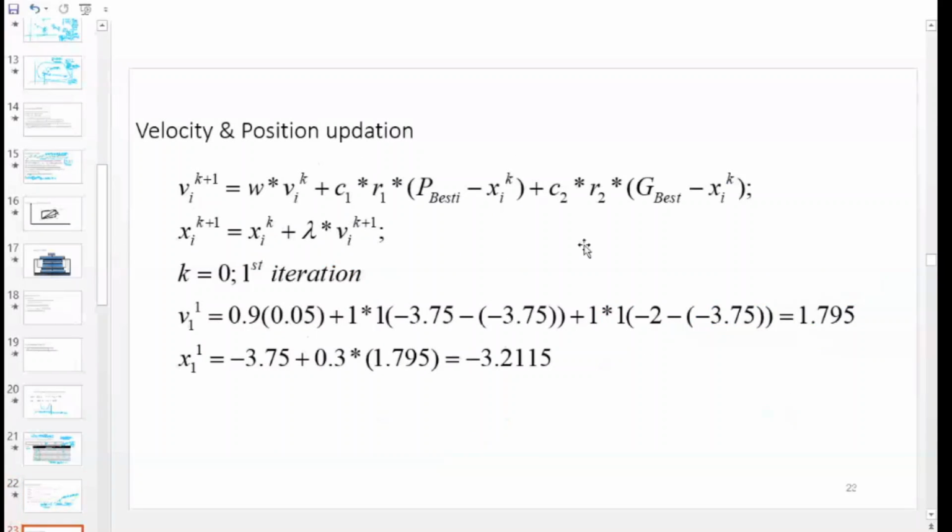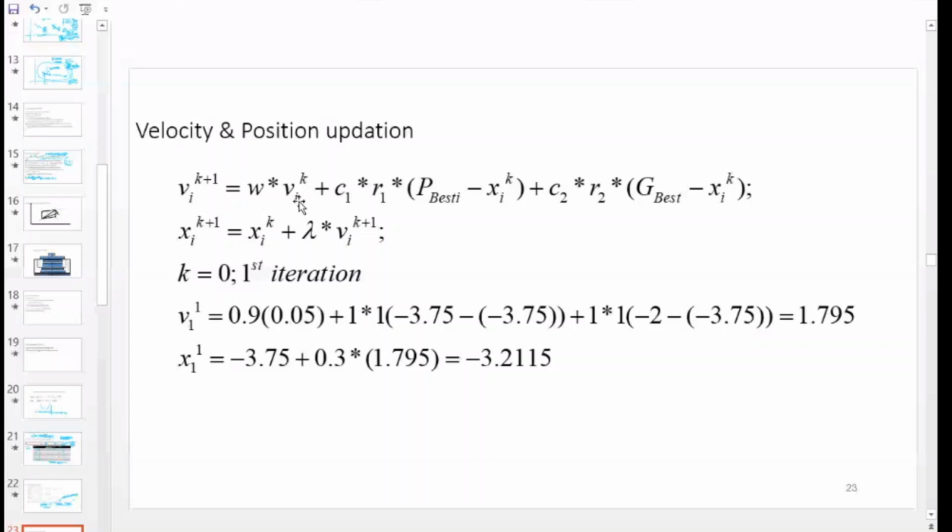Okay. Now using equation 3 and 4, right? So k is 0. So vi, it means v1, it means first particle. K is 0. So 0 plus 1, 1. So velocity, it means step length of the first particle at the end of first iteration. It is equal to omega into vik, right?